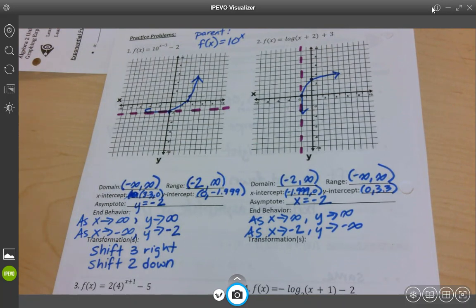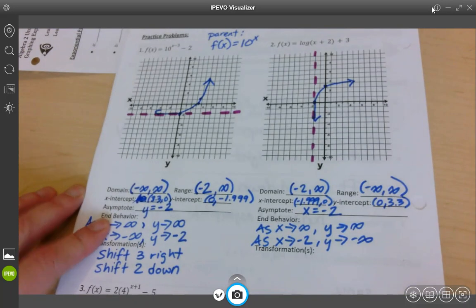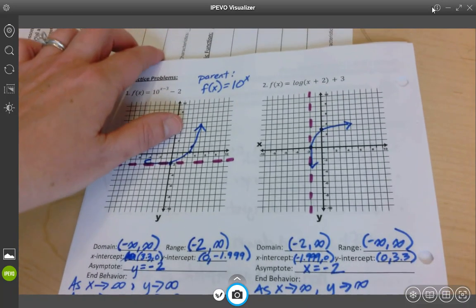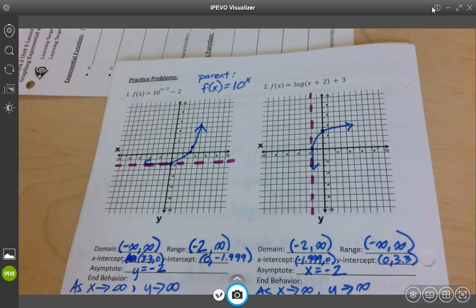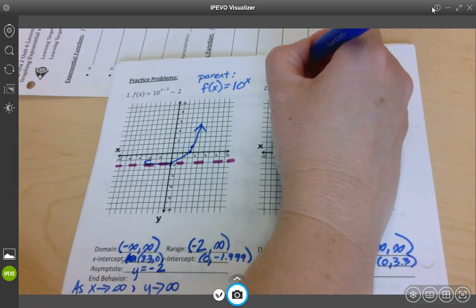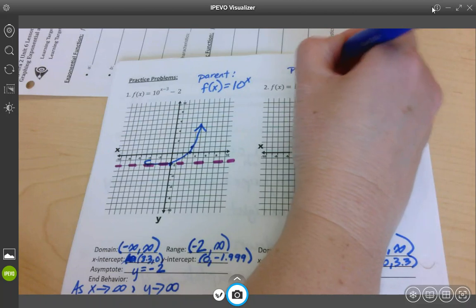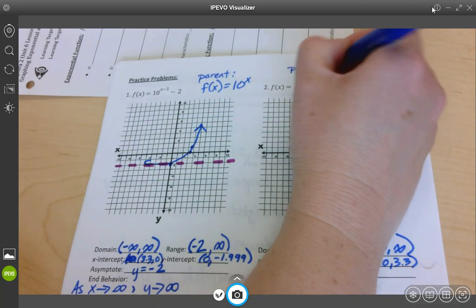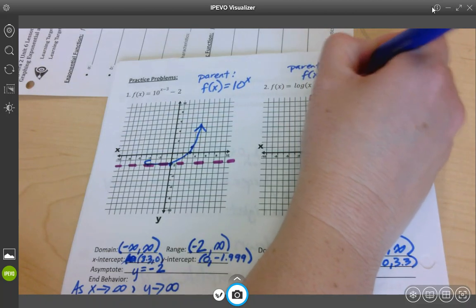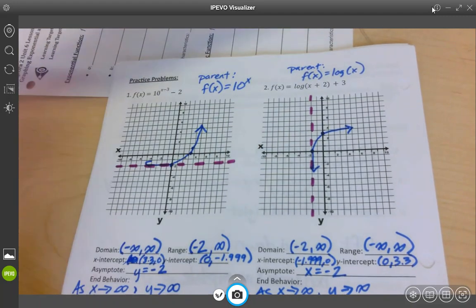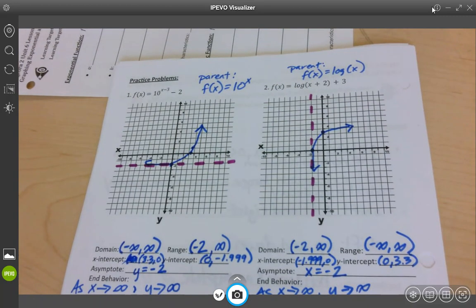All right. For this one, your parent function is f of x is equal to log of x. It is log base 10, but you don't have to write that. So parent f of x equals log x. So you can see that there are two transformations, one from the 2 and one from the 3.